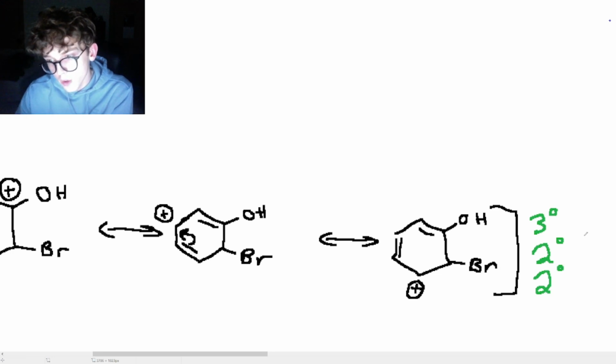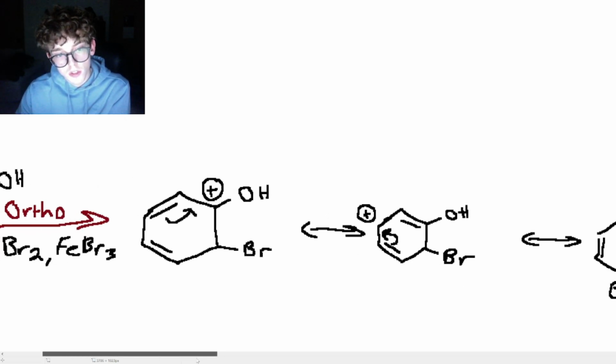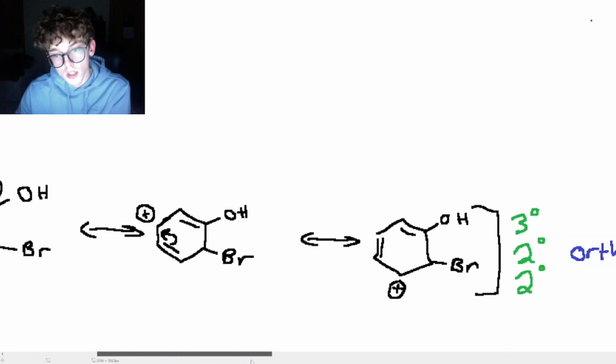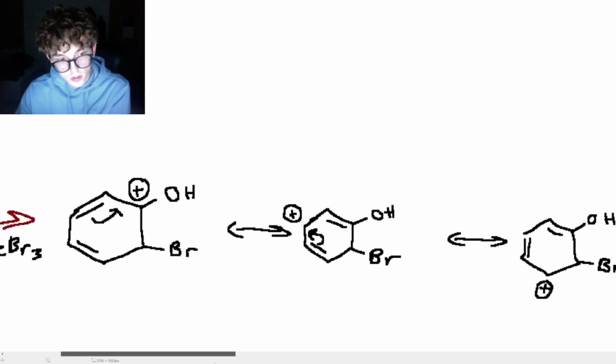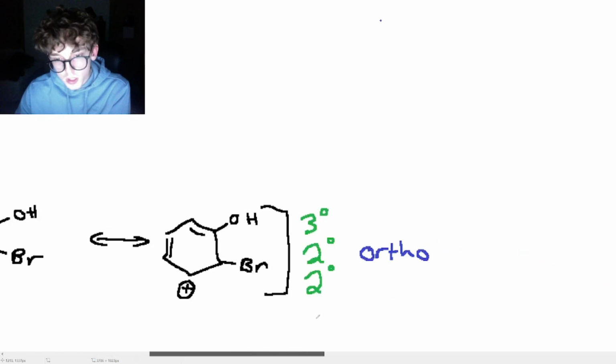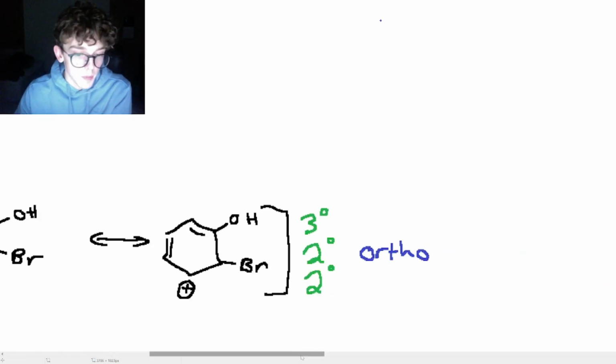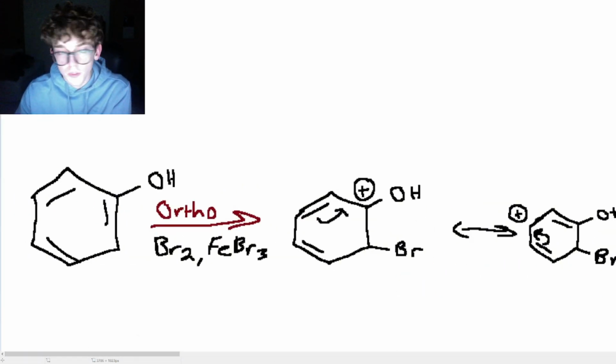Alrighty, and this is for an ortho attack. So I'll take note of that. We'll come back to this to compare the positive charges. But when you draw these resonance forms, you need to look at the positive charges. So we have one really good carbocation and two, you know, okay ones. All right, and that's for the ortho attack.